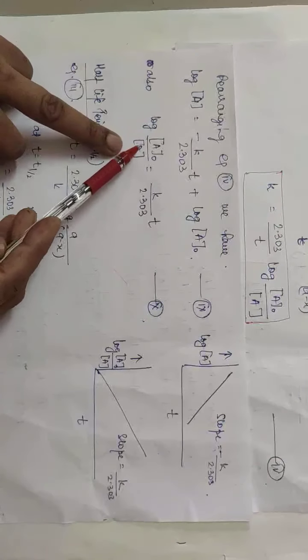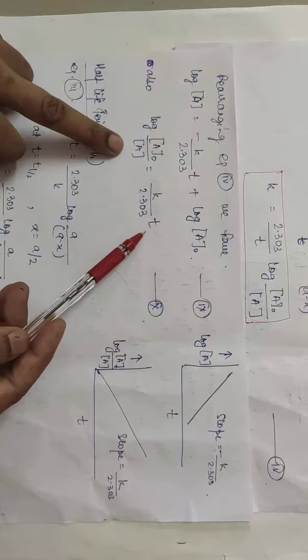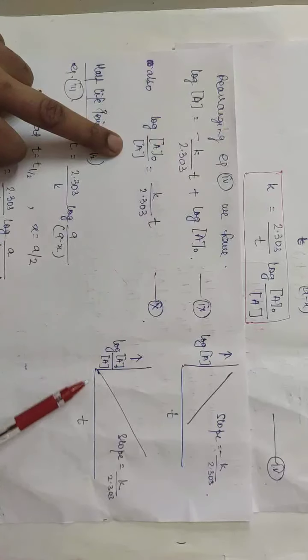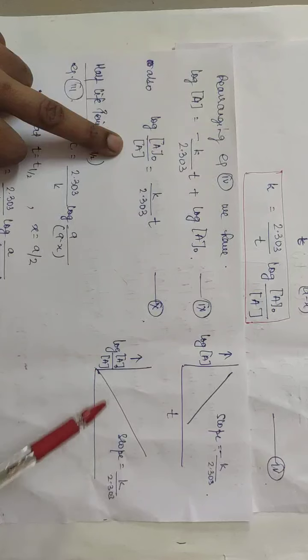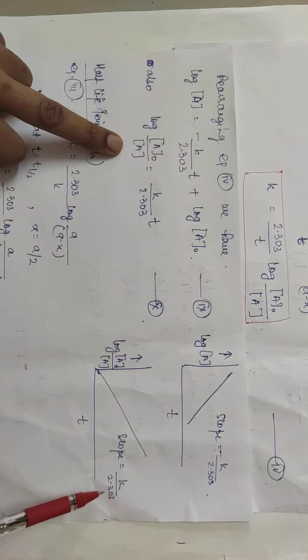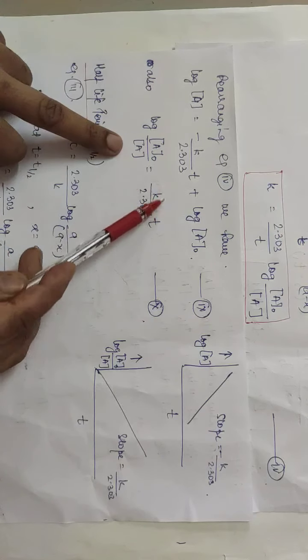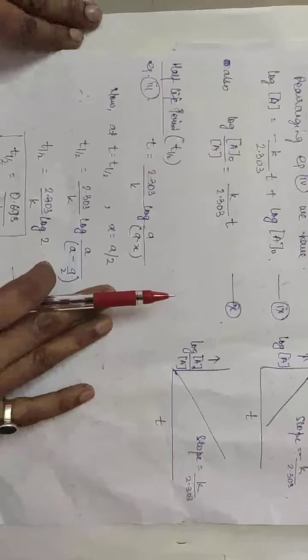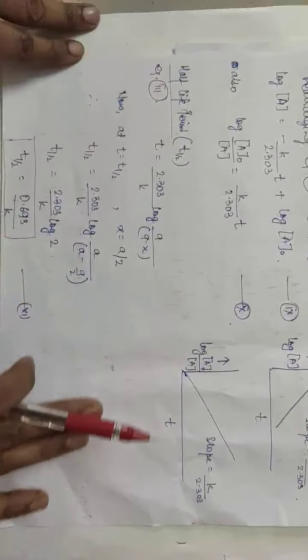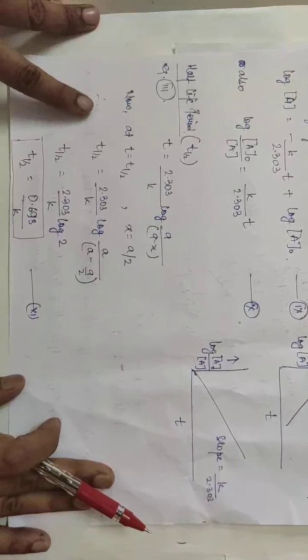If log a naught upon a is plotted against time t, it will also give a straight line, but it will pass through the origin and have the slope k upon 2.303.